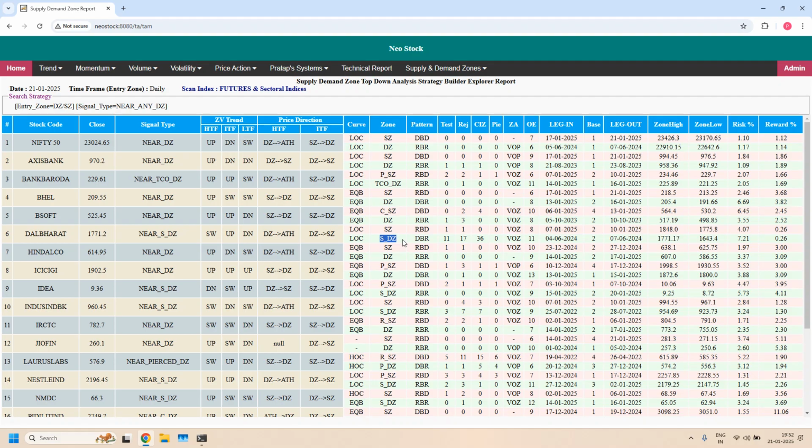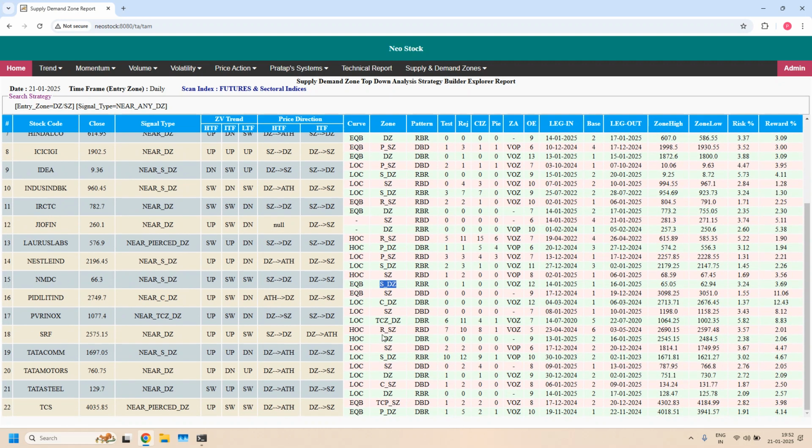Dalmia Bharat, Idea, IndusInd Bank, Nestle India, NMDC, Pidilite Industries.